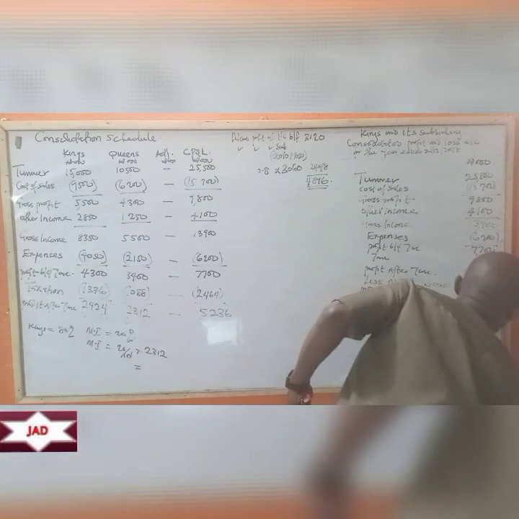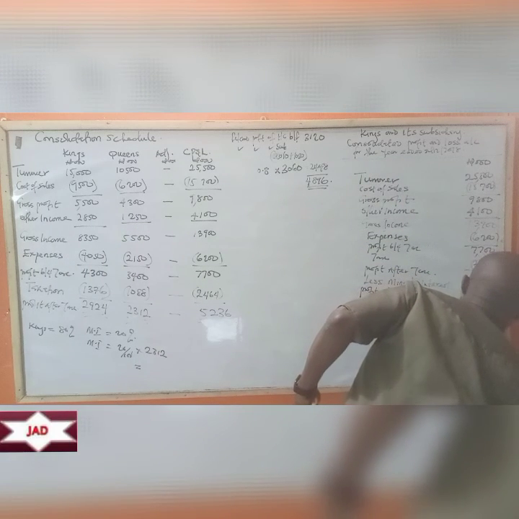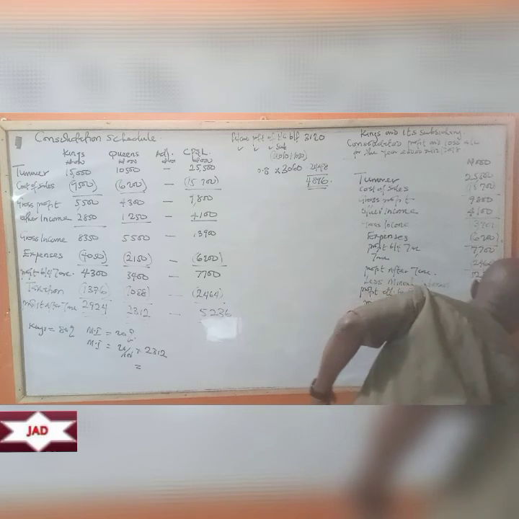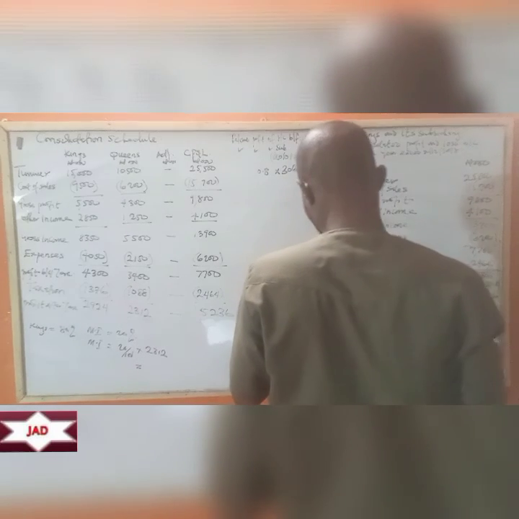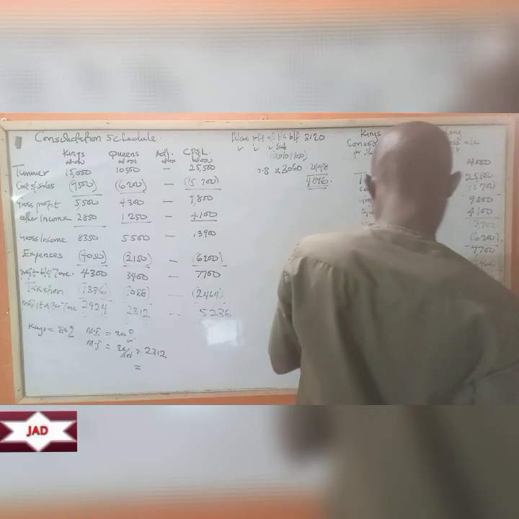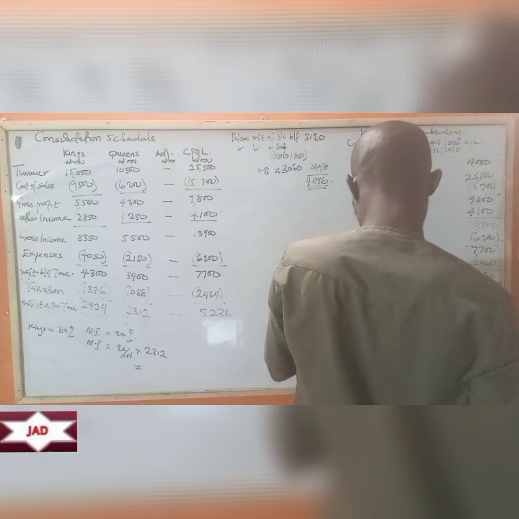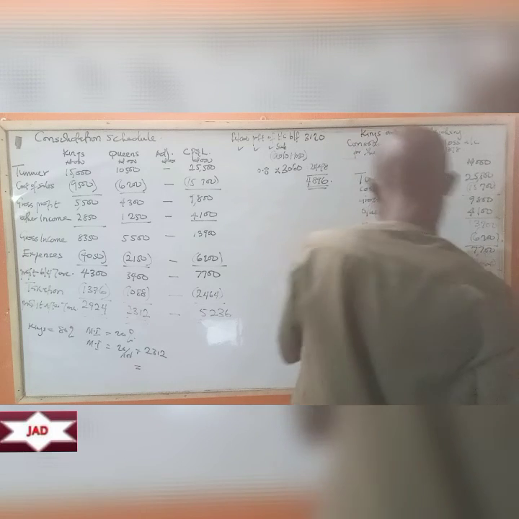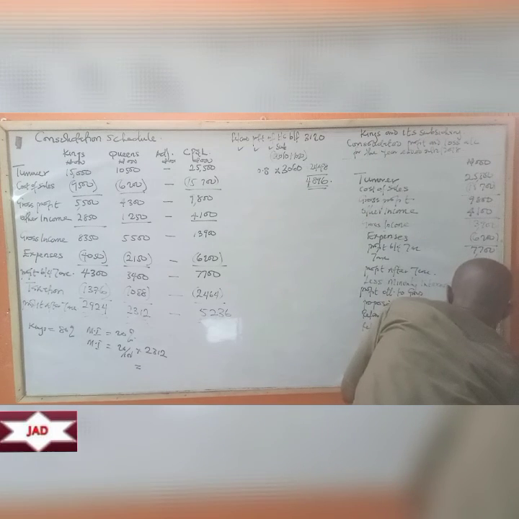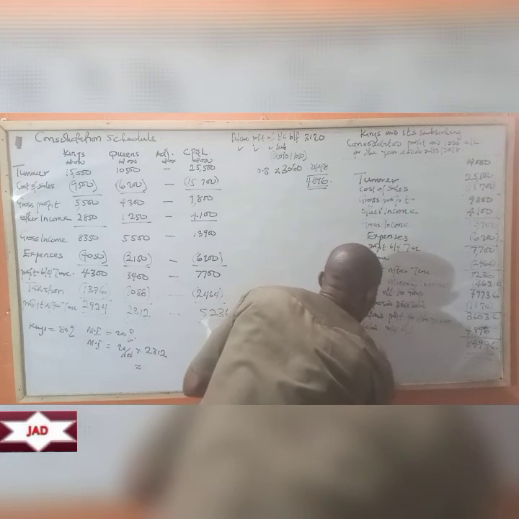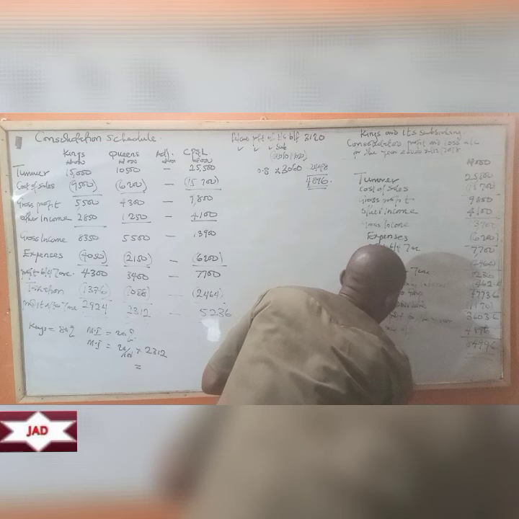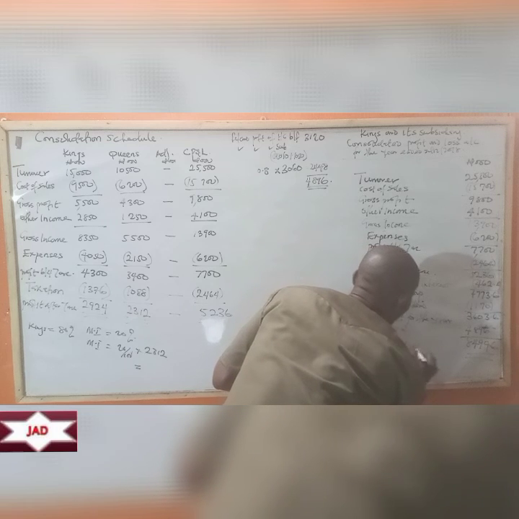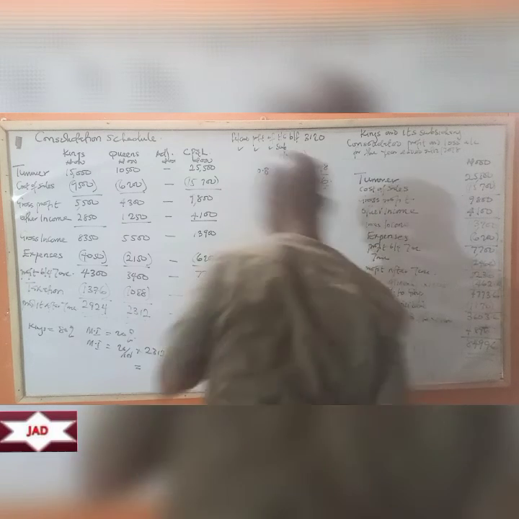So that'll be 4896. So when you add up 3603.6, we have 8499.6. So this is the retained profit carried forward to the following year.